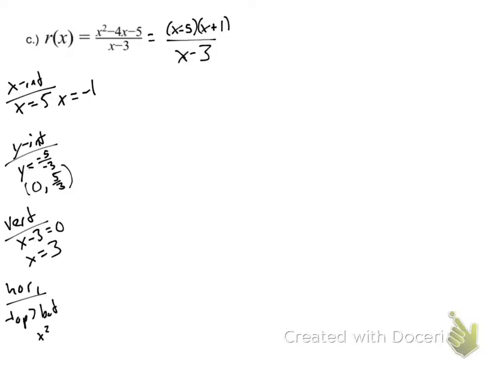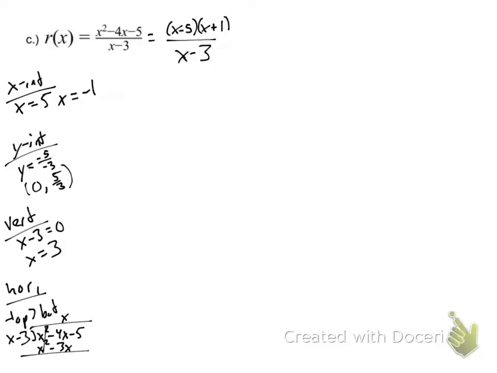X squared minus 4x minus 5 divided by x minus 3. Going through the rules, x to get x squared is an x. Multiply it through x minus 3. Oops. It's x squared minus 3x. Not 3 squared, 3x.